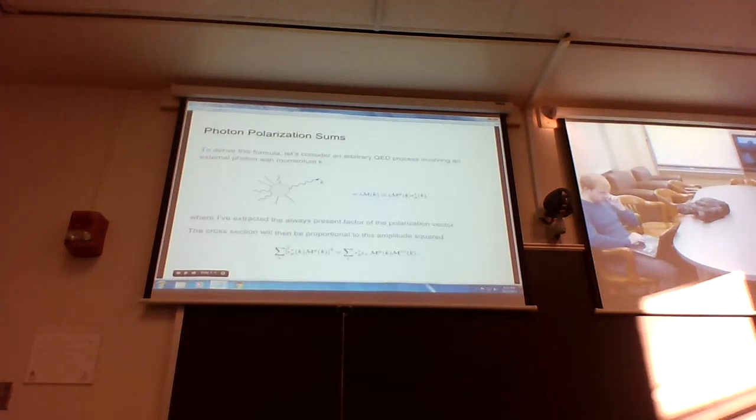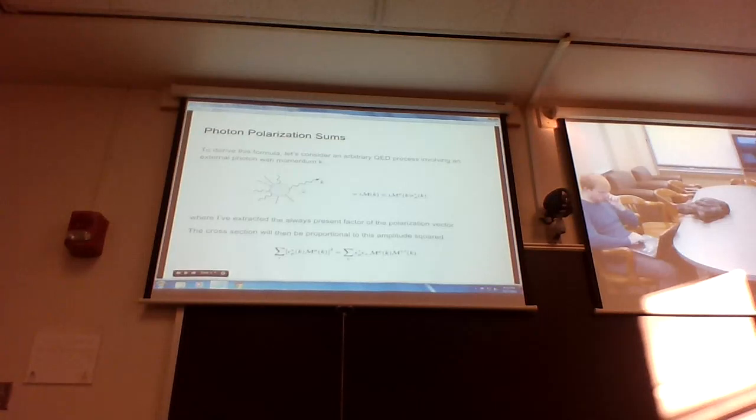When I square this, I get the epsilon mu star and the epsilon nu coming from the complex conjugate, and then here's the M and M star, and they both depend on k. So nothing mysterious yet.